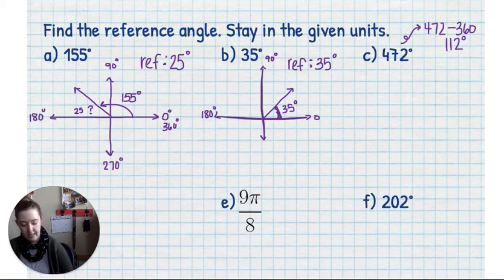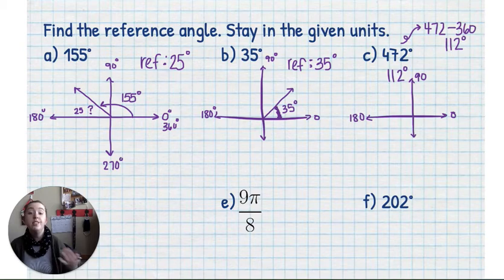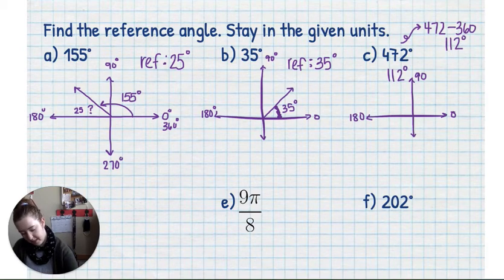So now, basically, I'm finding the reference angle for 112 degrees. 112 is between 90 and 180, so that means it's going to be somewhere over here. So from here to here is 112 degrees.